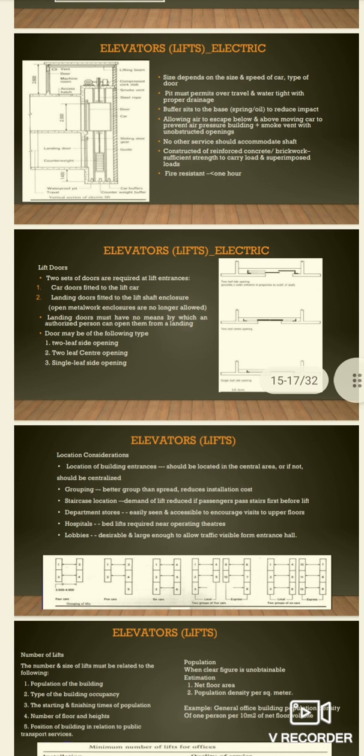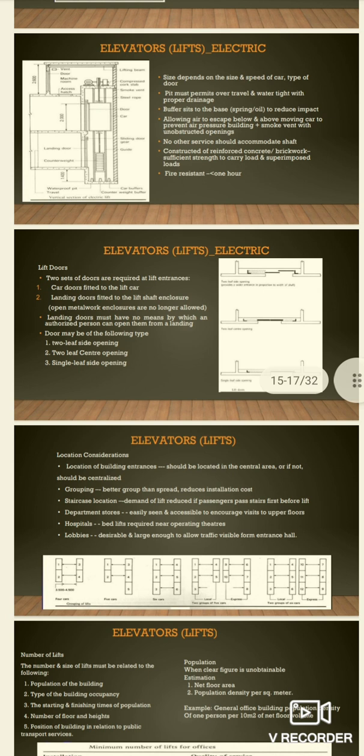Landing doors must have no means by which an unauthorized person can open them from a landing. Doors may be of the following types. The first one is single slide side opening. The second is two-speed center opening. Single leaf side opening.